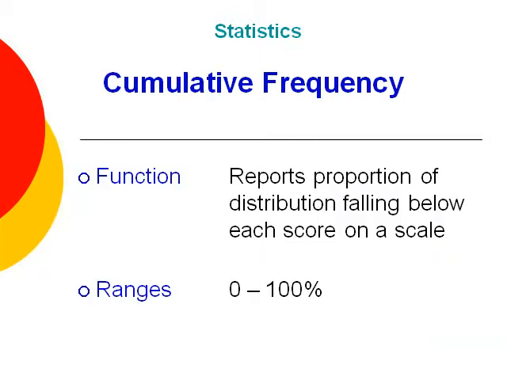I don't have an example of the next table that we're going to look at, and that's a cumulative frequency distribution table. As indicated in previous slides, a frequency distribution reports the number of objects scoring at each point on a scale. A cumulative frequency distribution table is usually combined with a frequency distribution and reports the total number of objects and their percentages that scored at every point on the scale and below.